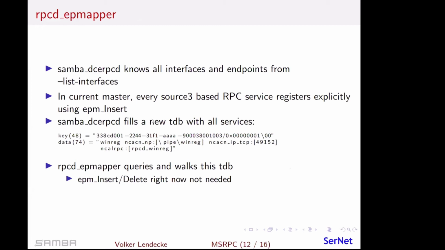And yeah, RPCD endpoint mapper just queries and walks this TDB. That's all. So right now, I just deleted the EPM insert and delete from this because for our implementation, this is not relevant right now. We don't really have the fancy object-based RPC yet, and then it will become relevant if we do that, ever.